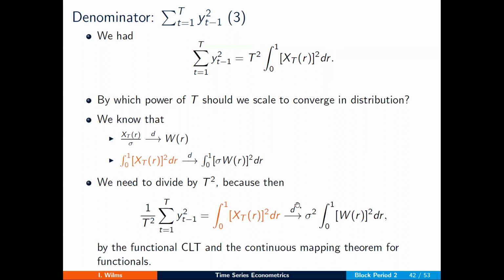And one good advice, don't forget the sigma squared, because it's the scaled partial sum that goes to our Brownian motion, but we just have the partial sum popping up. So our sigma squared will often pop up also in front of the Brownian motion then.